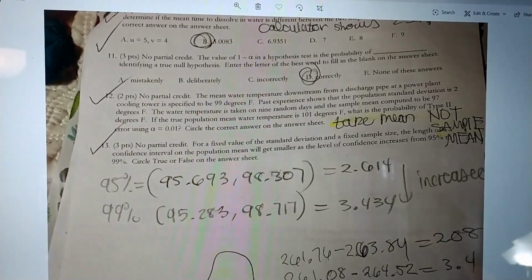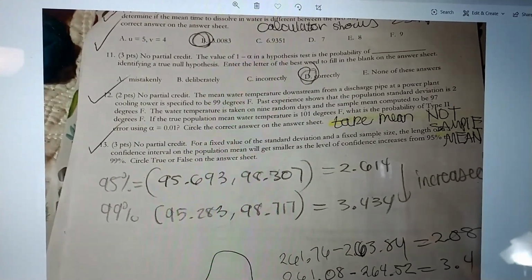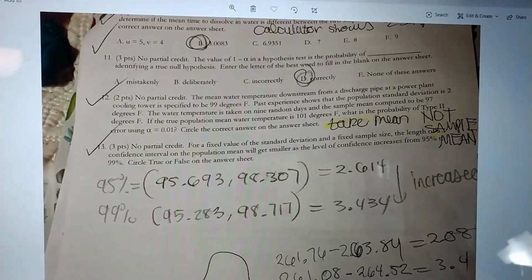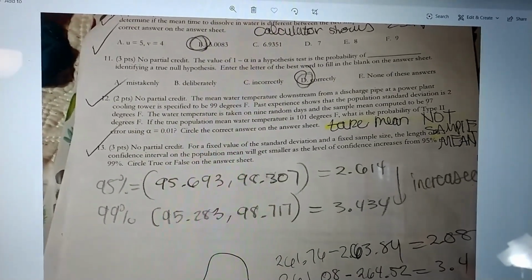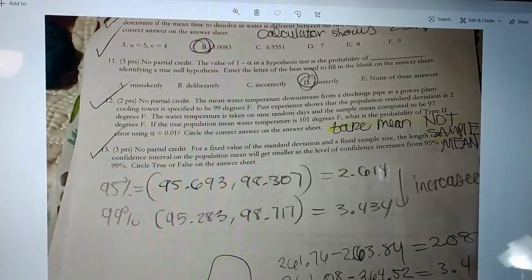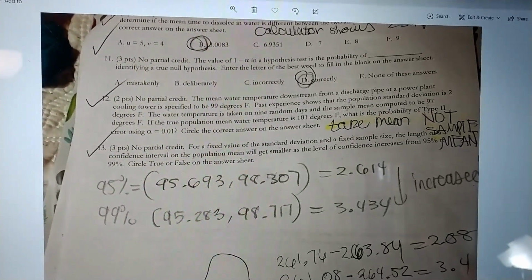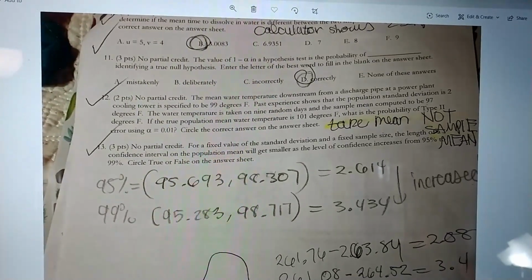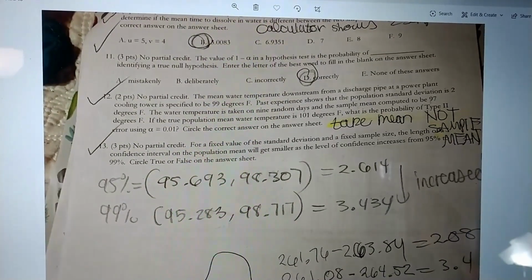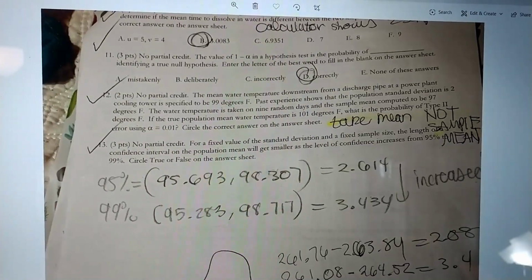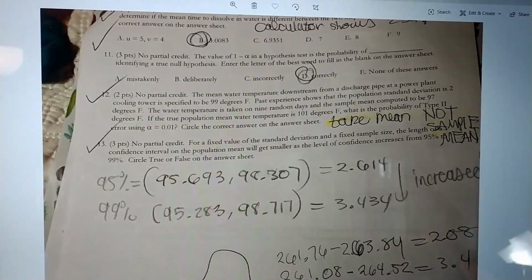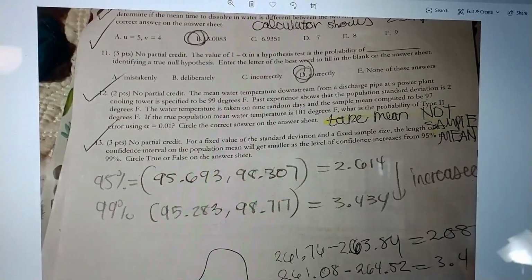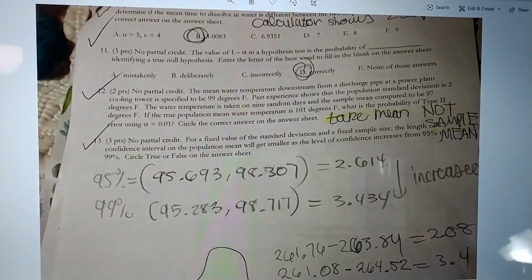The water temperature is taken on 9 random days, and the sample mean is computed to be 97 degrees Fahrenheit. If the true population mean water temperature is 101 degrees Fahrenheit, what is the probability of type 2 error using a probability of type 1 error of 1%, or alpha equal to 0.01?